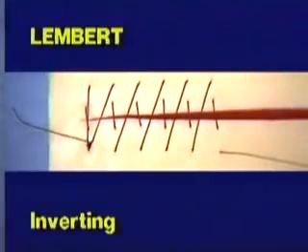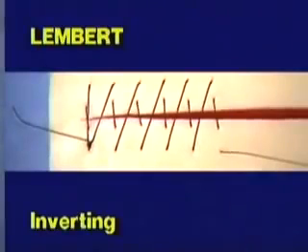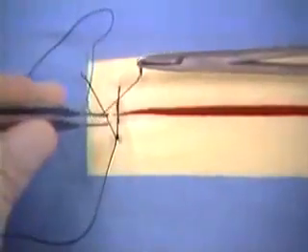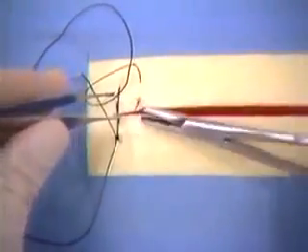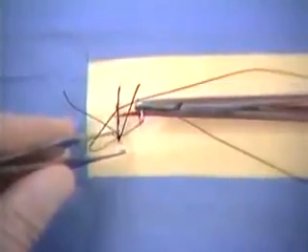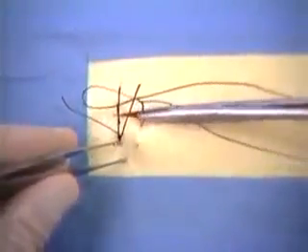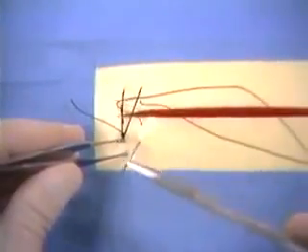The sixth pattern to be demonstrated is the Lembert pattern. This is an inverting suture pattern. The Lembert is made by directing the needle perpendicular to the incision from the outside of the lumen of a hollow viscus, passing through the serosa and muscularis only, and returning through the serosa on the same side of the incision.